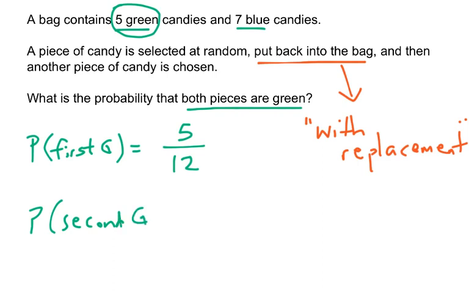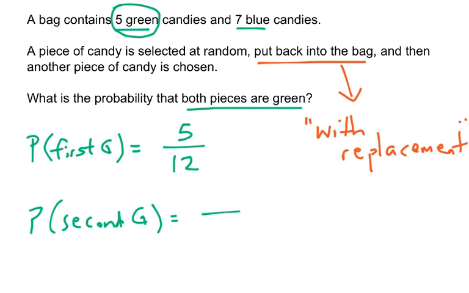Don't get caught up in thinking, well, what if the first one's not green, then what? Slow down for a second. We want to know what's the probability that we get green followed by green. So we want to work under the blanket that these things happen. We get a green one, and then we get a green one. And what's the probability of that happening? So don't get distracted with, well, what if the first one's not green? What do I do then? Don't think about that. The first one's green, the second one's green. What's the probability of those things happening?